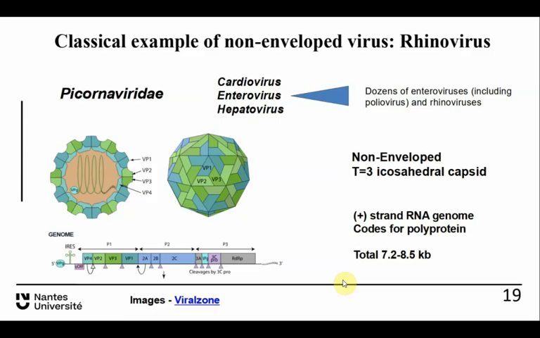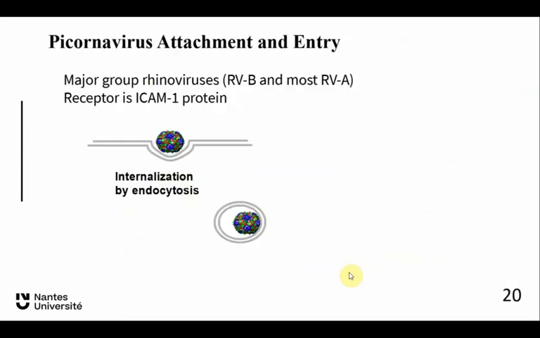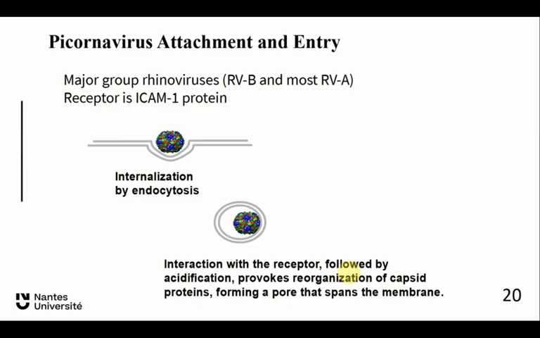So how do these guys infect cells? Generally speaking, the overview is kind of like this. First, the viruses will attach to their receptors. For the main group of rhinoviruses, it's the ICAM1 protein. After this, the virus will be internalized, and it's a combination of receptor binding and lower pH which will cause a reorganization of the capsid proteins, some of which will form a pore that crosses the endosomal membrane, and then the viral RNA gets released into the cytoplasm.